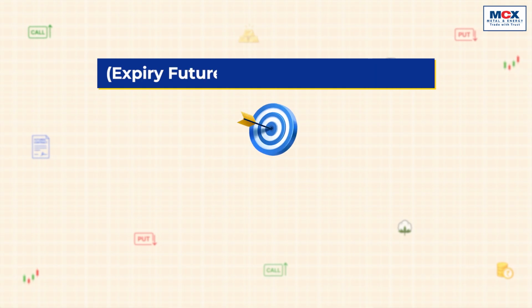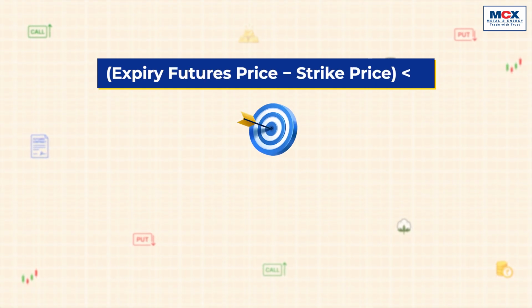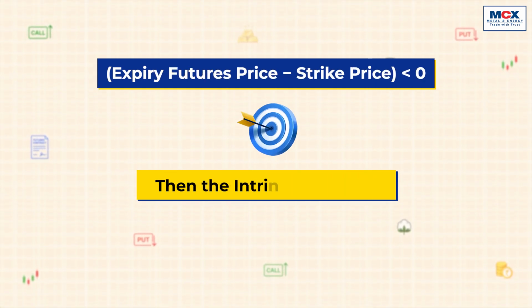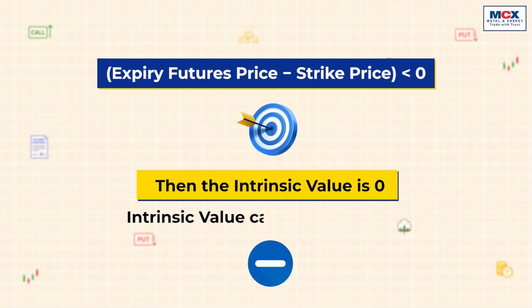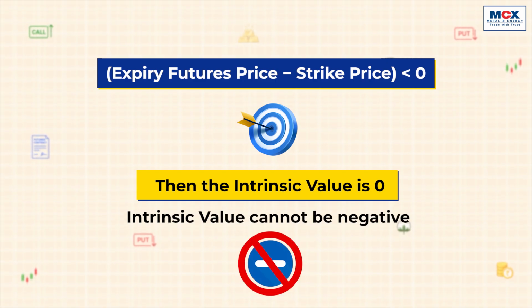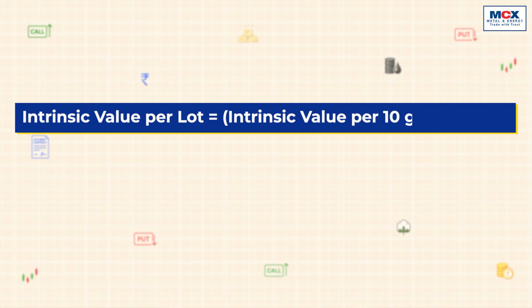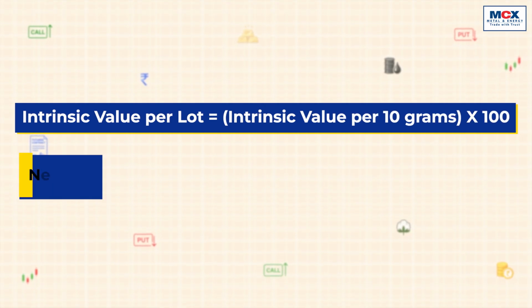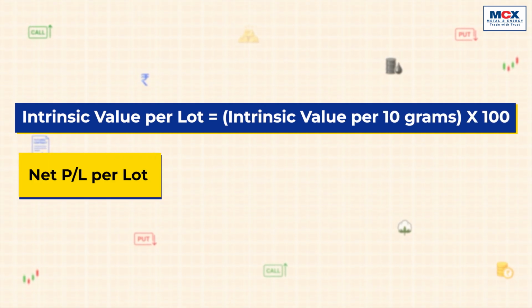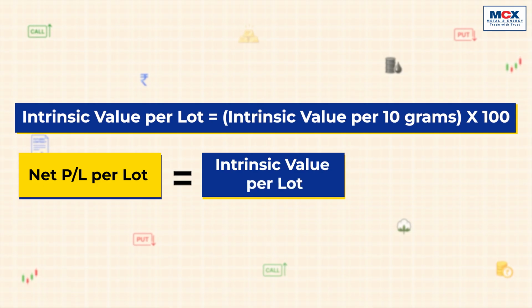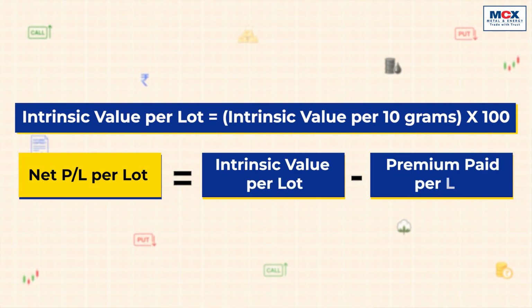If it is less than 0, then the intrinsic value is 0. Intrinsic value cannot be negative. Intrinsic value per lot equals intrinsic value per 10 grams into 100. Net profit or loss per lot equals intrinsic value per lot minus premium paid per lot.